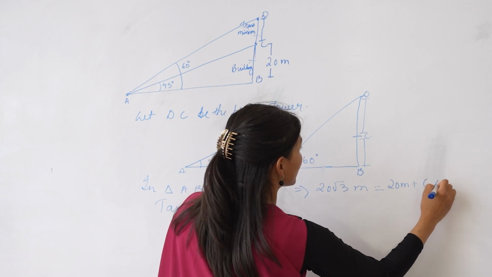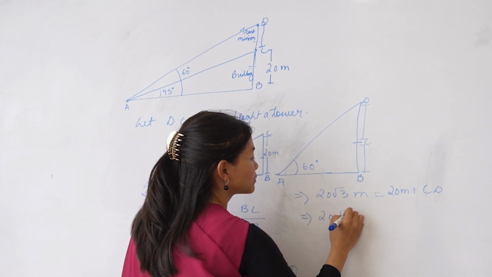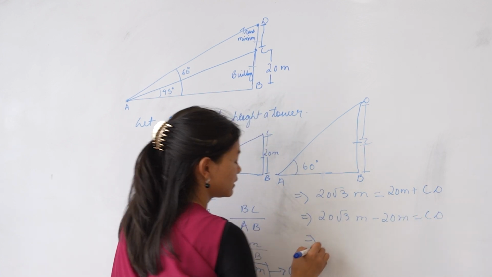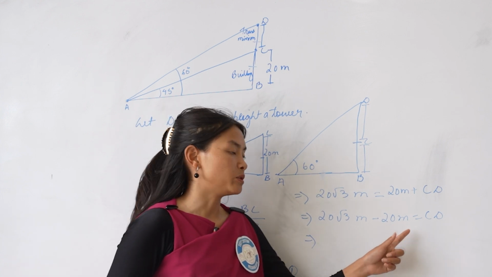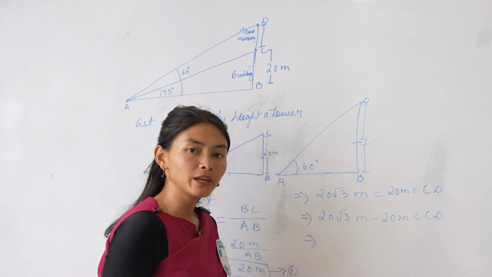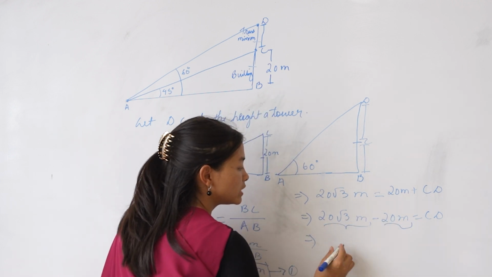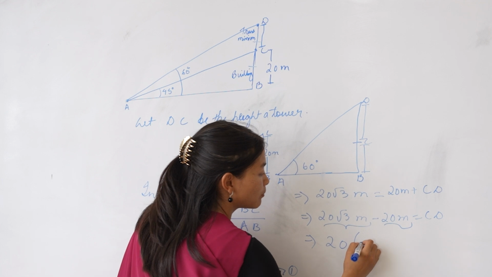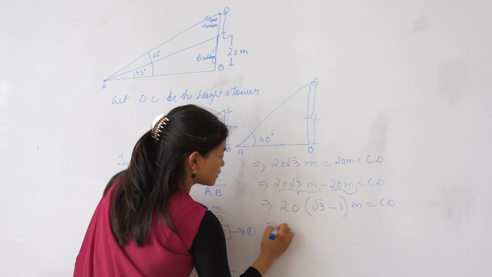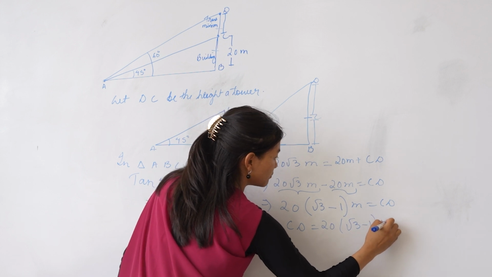CD we need to find. So 20 root 3 meter minus 20 meter equals CD. Here the common factor between 20 root 3 and 20 is 20, so we get 20 into root 3 minus 1 meter. So CD equals 20 root 3 minus 1 meter.